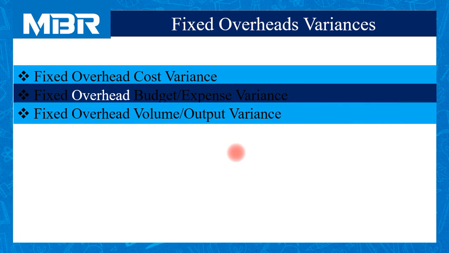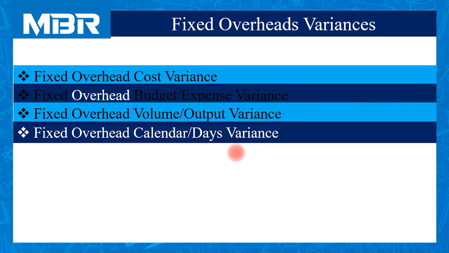Third, fixed overhead volume or output variance. Fourth, fixed overhead calendar or days variance. When the information of the number of working days is given by the examiner in the question, at that time we can calculate calendar or days variance.